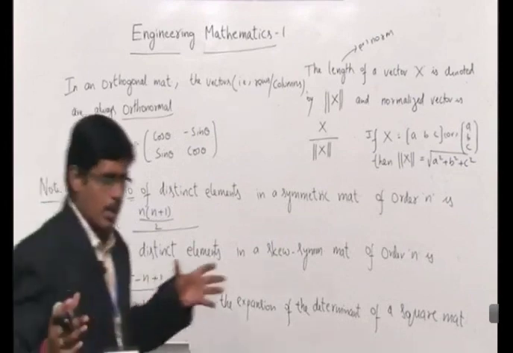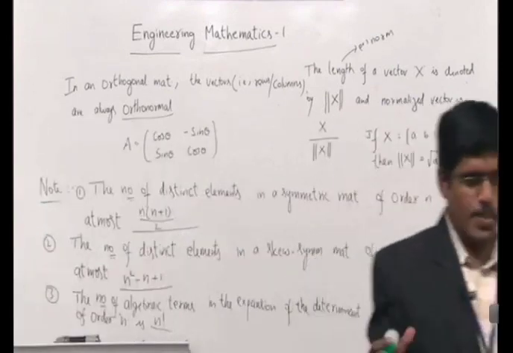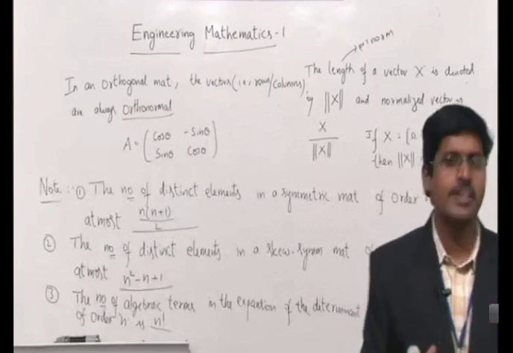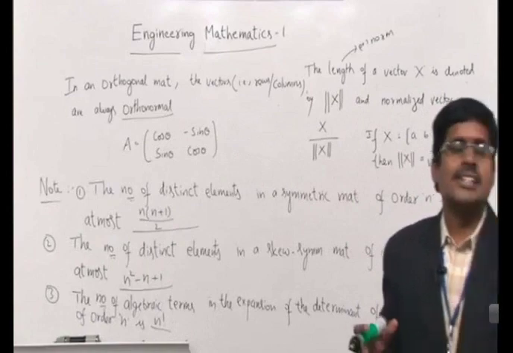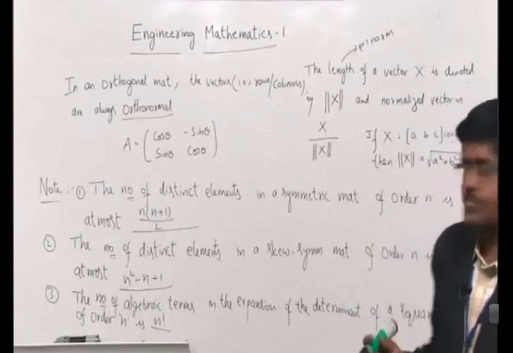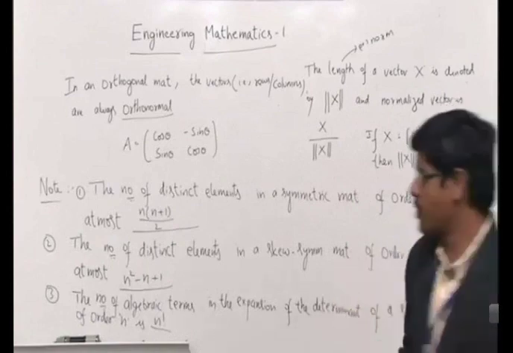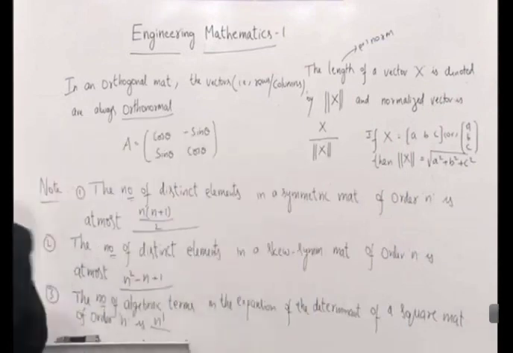That is, while expanding a 2 by 2 determinant, how many terms are there before the last step of simplifying: 2 factorial. For a 3 by 3 matrix you will get 6 terms, that is 3 factorial. Please check. I will show you one example. Similarly, you check for a 3 by 3 matrix.